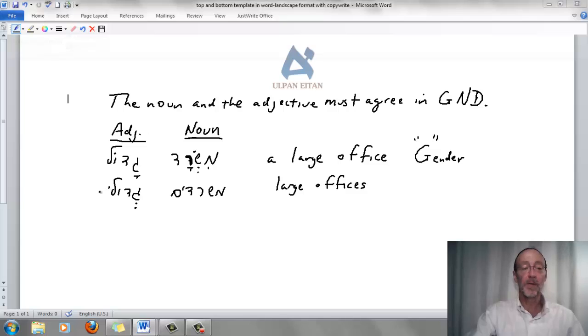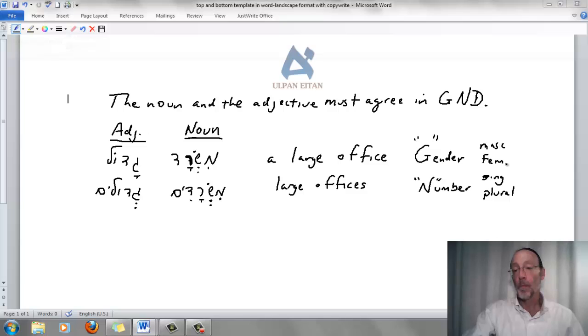And that's where we have the agreement between misradim and gedolim. Okay? And it means large offices, big offices. And that is going to be called an aspect of N, which stands for number. Number means singular or plural. I thought what I'd write over here is gender means masculine or feminine.